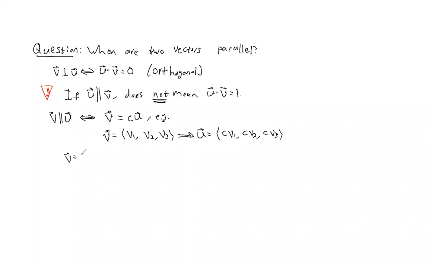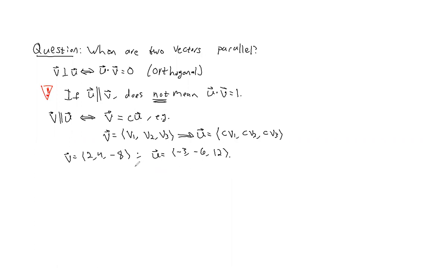You can have V as the vector 2, 4, -8, and U might be the vector -3, -6, and 12.